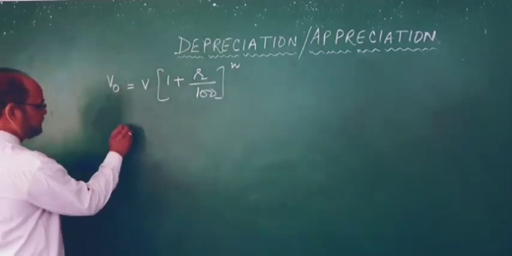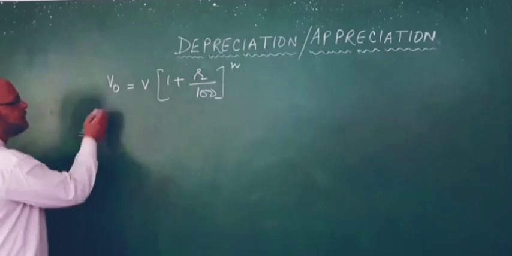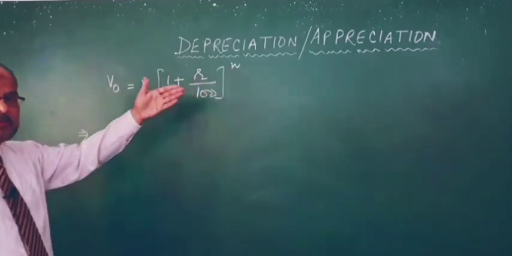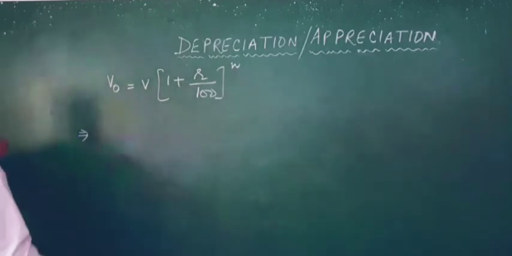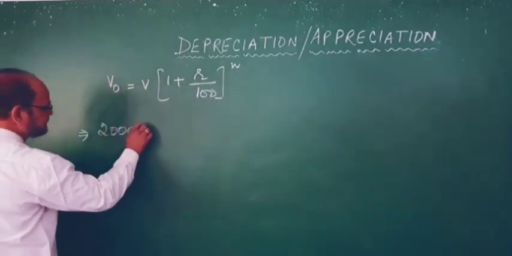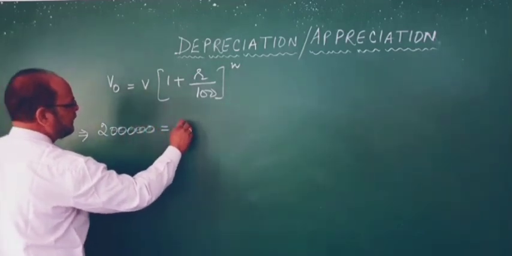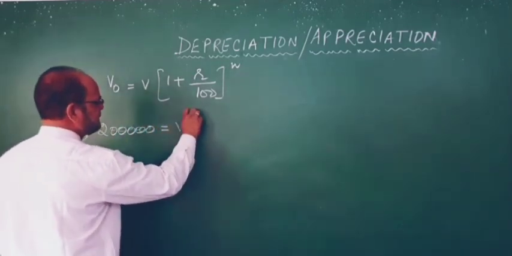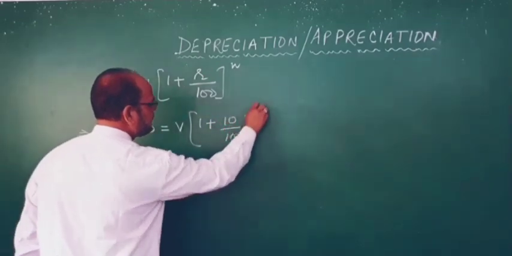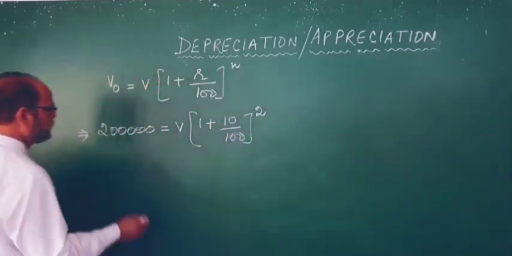So V0 is the present population, V is the value n years ago, meaning the population n years ago. Now V0 will be 2 lakh. V we will write as it is, 1 plus 10 upon 100 to the power 2.